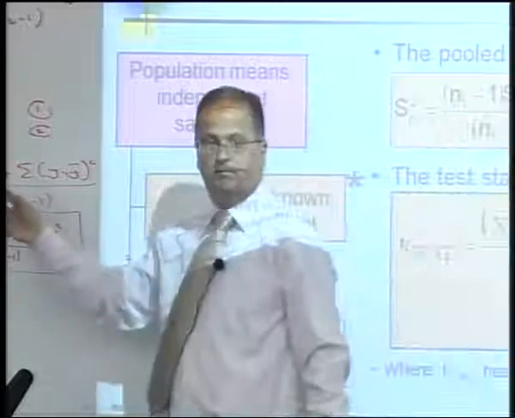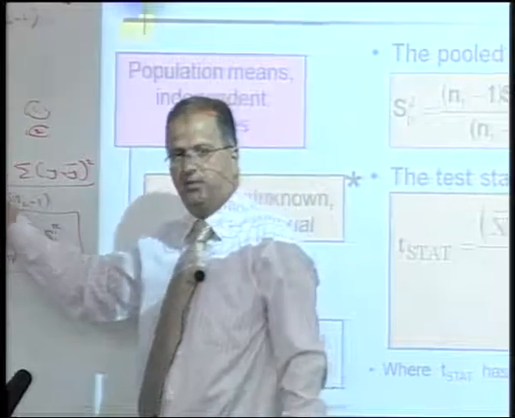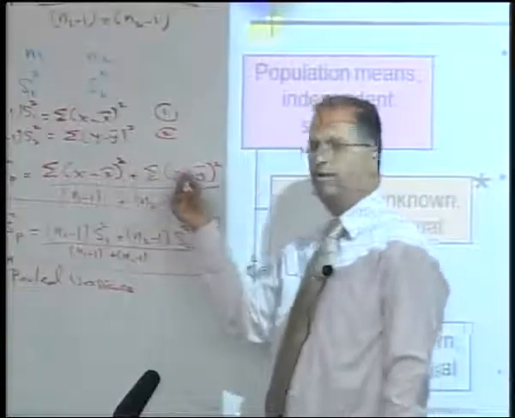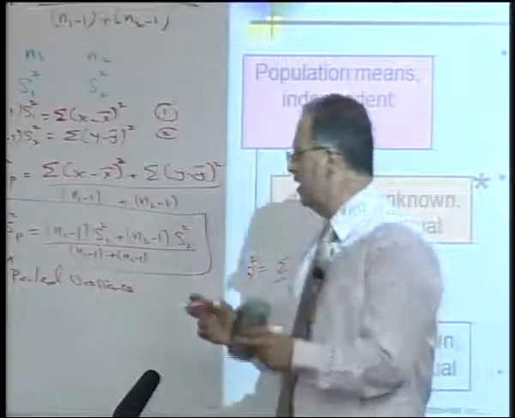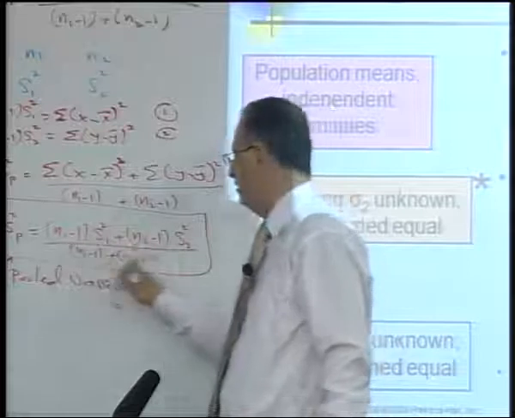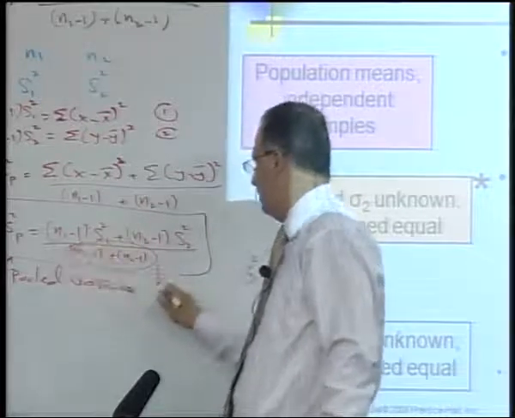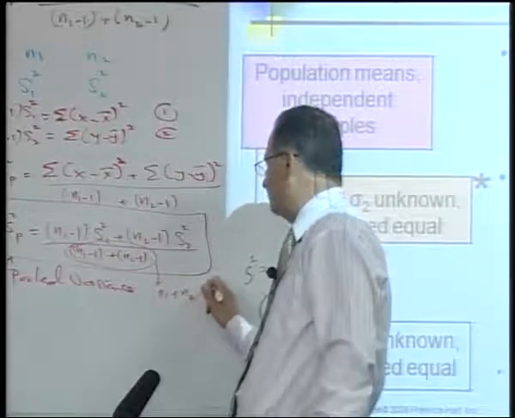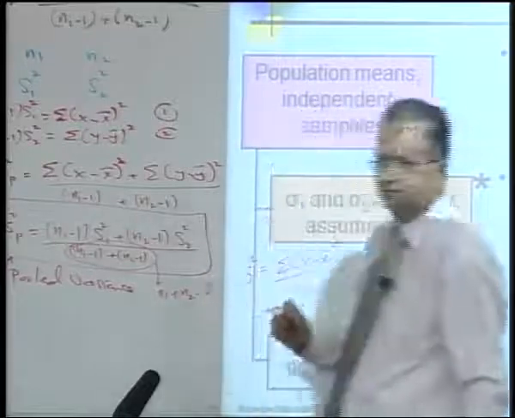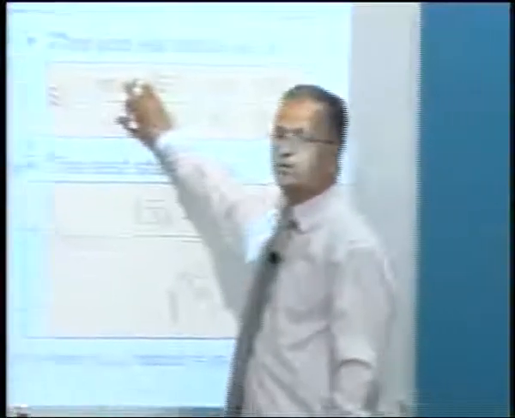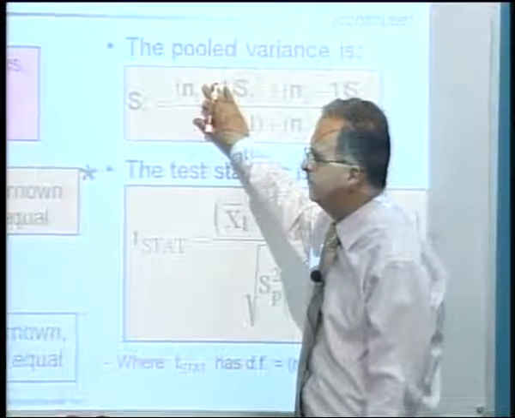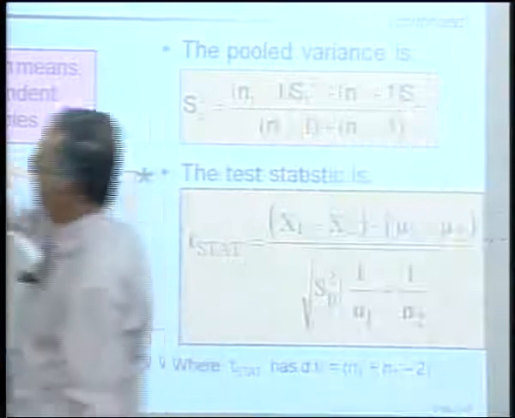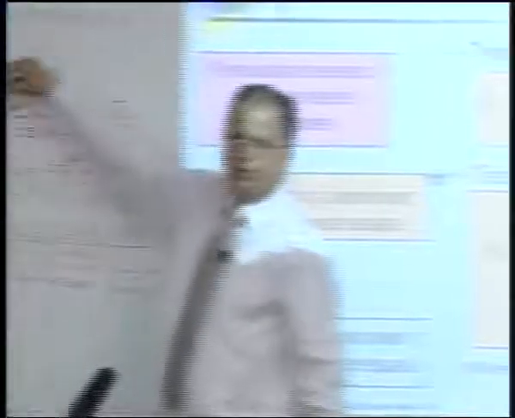And this is the same, because here we have the sum of (x minus x bar) squared plus the other sum of (y minus y bar) squared, all divided by (n1 minus 1) plus (n2 minus 1). This term can be written as n1 plus n2 minus 2. So this is your pooled variance. Now, the sum of (x minus x bar) squared equals (n1 minus 1) s1 squared.